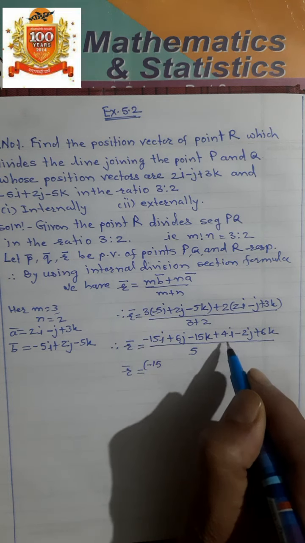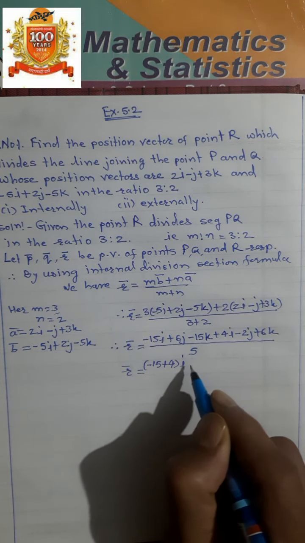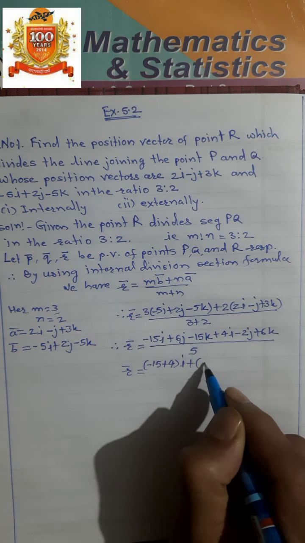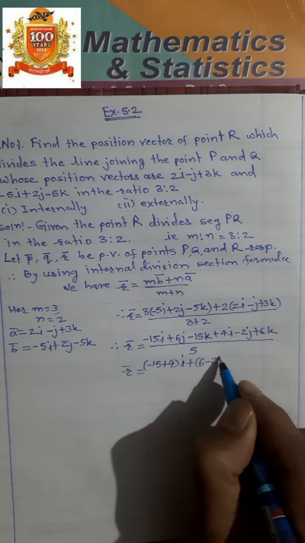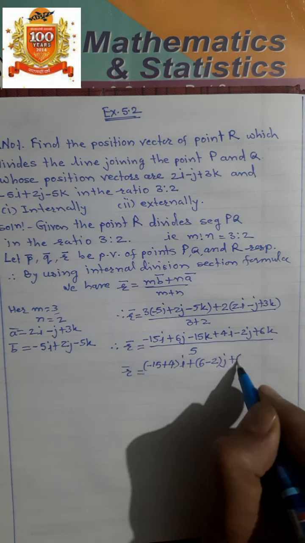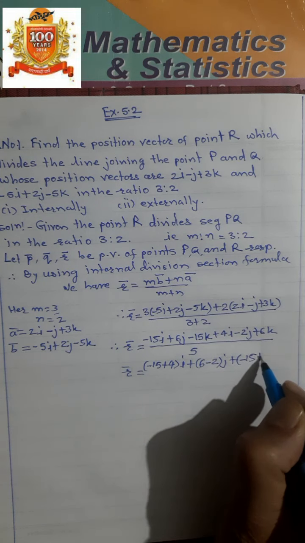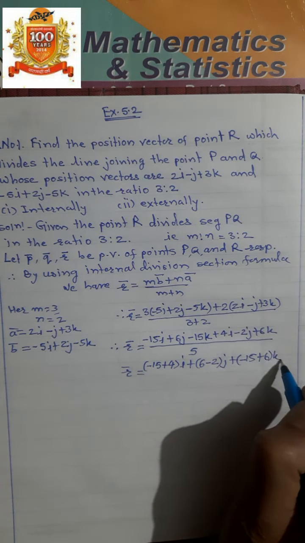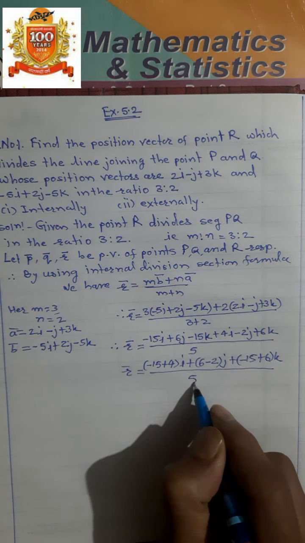Therefore, R bar is equal to (minus 15 plus 4) into i plus (6 minus 2) into j plus (minus 15 plus 6) into k, divided by 5.